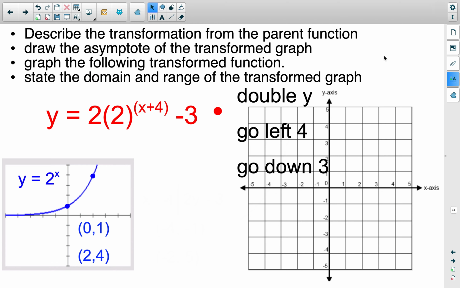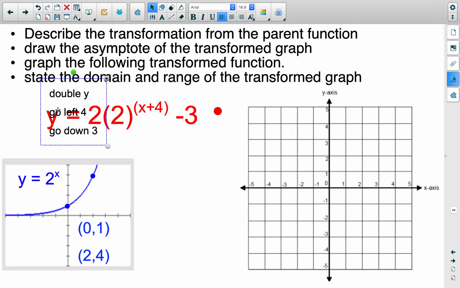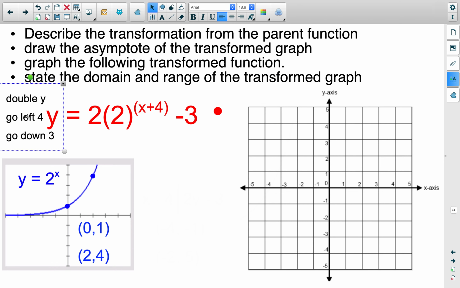Okay, as we think about those, my recommendation to you with transformations is to do all of your y stuff first. So start always with the multiplier. So I'm going to double y, and then I'm going to go down 3, which is also a y transformation. So if I organize, this is my original parent function, 2 to the x, and then I'm going to do this and this and this to all of my points.